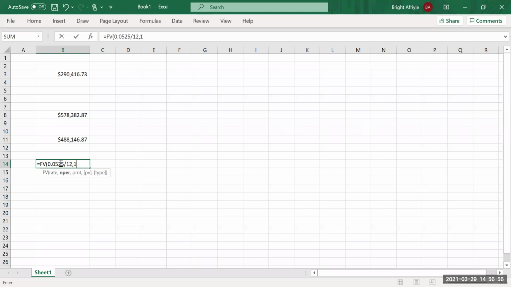And then we do 12 by 38, comma, minus 840. That's a lot of money going into Kat's account. Okay, so Kat actually is going to get this at the end of the period, over $1 million.